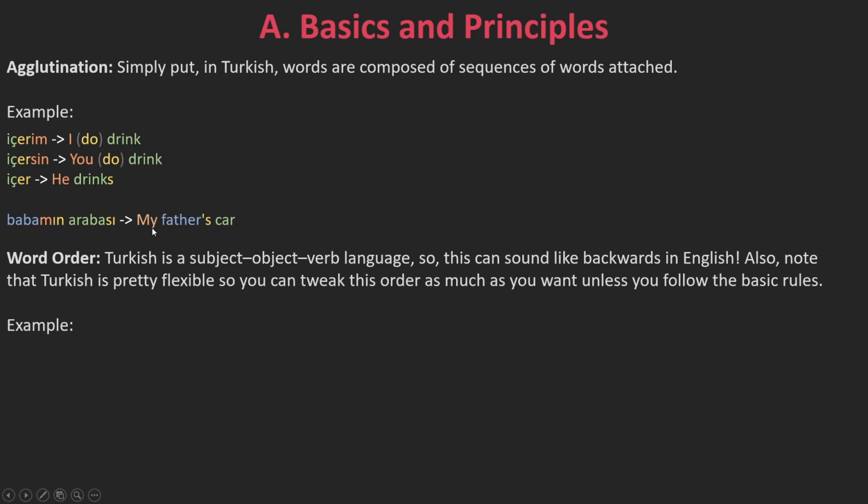If you want to say your father, you will need to change this genitive suffix to the second singular person, which is you. It will become babanın. There's an N. I will explain the details in future lessons. A genitive case is an important subject, so I will only give you an overview on the grammar.